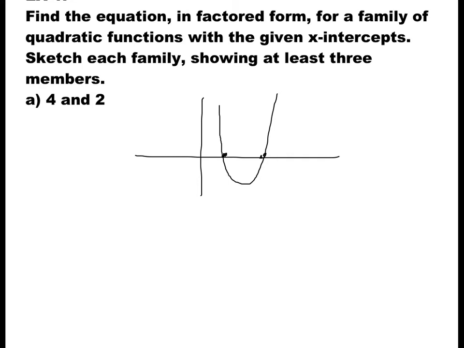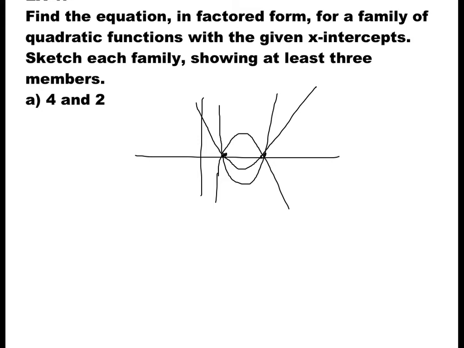Now the only thing is that the graph that we have here is not unique. I can have another parabola going like this, or I can have another parabola going like this one. So there can be an infinite number of parabolas going through these 2 points, 2 and 4.